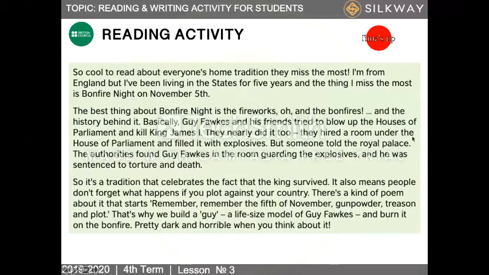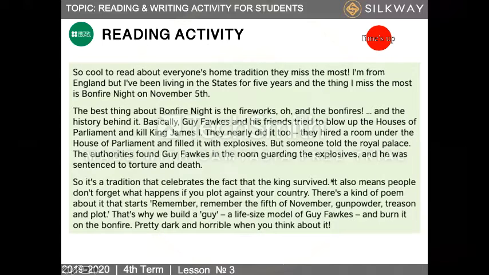They hired a room under the House of Parliament and filled it with explosives. But someone told the royal palace. The authorities found Guy Fawkes in the room guarding the explosives, and he was sentenced to torture and death. So, it's a tradition that celebrates the fact that the king survived.